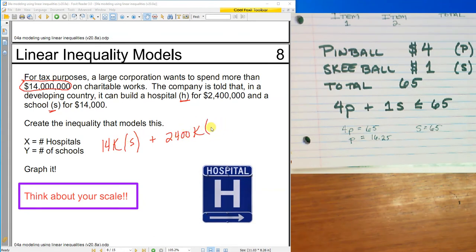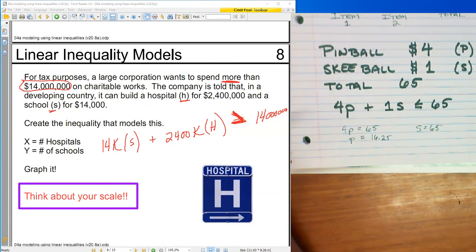Are you with me? Can I use the word K for 1,000 for a hospital? And they want to spend more than this amount, so greater than or equal to that much. Actually, more than, it would probably just be greater than, right? If they want to spend more than, greater than.